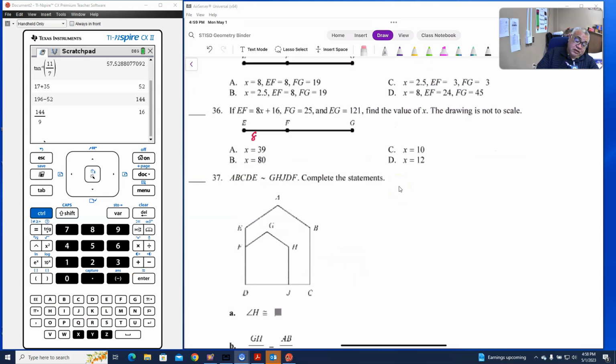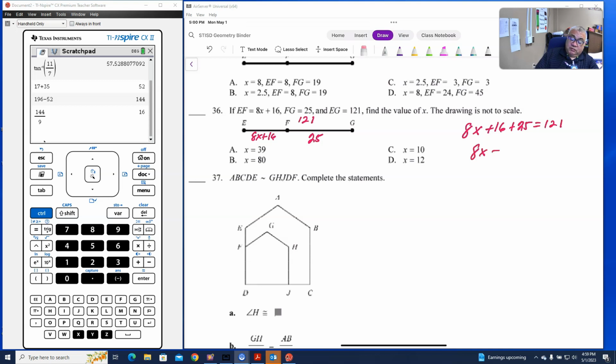EF is 8x plus 16. FG is 25. And then E to G is 121. So to set this up, we have 8x plus 16 plus 25 equals 121.